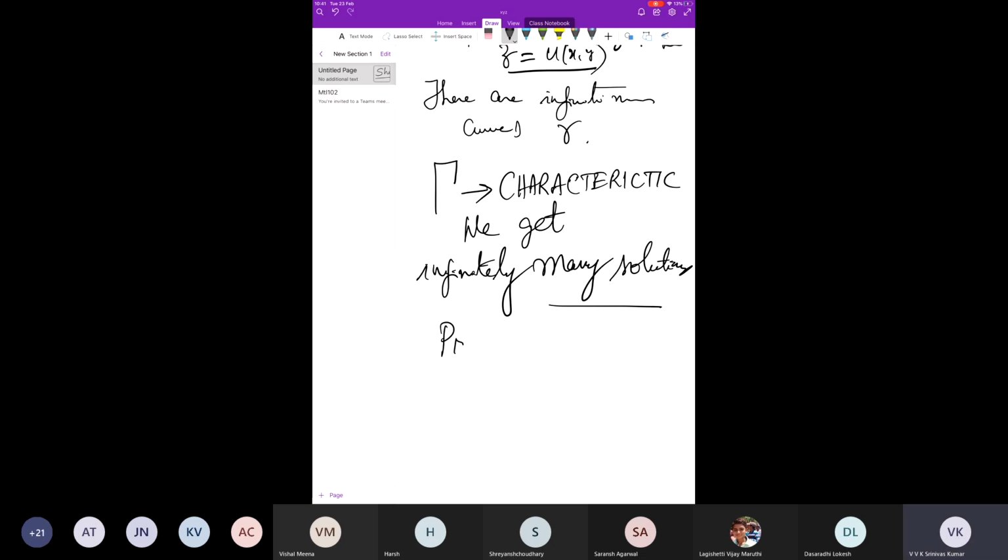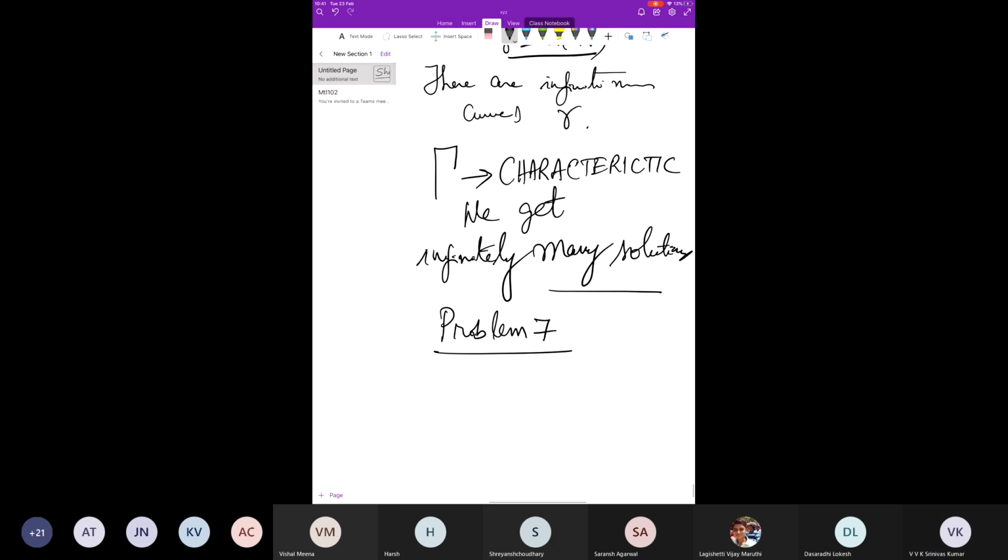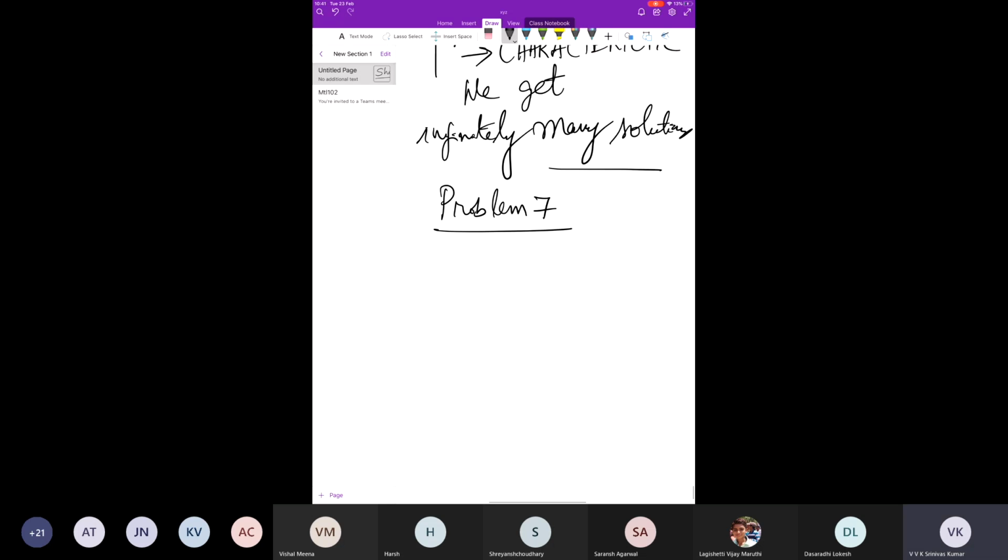Now come to problem 7. There are 3 parts. First the A part. We have (x + u)ux + (y + u)uy = 0.